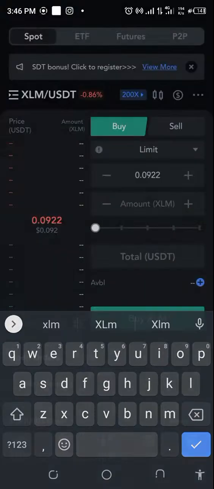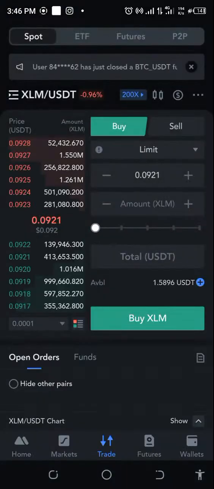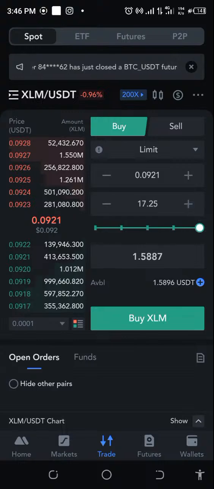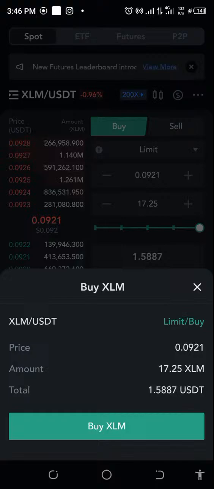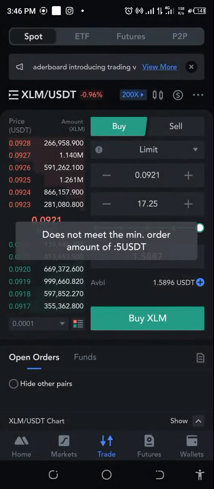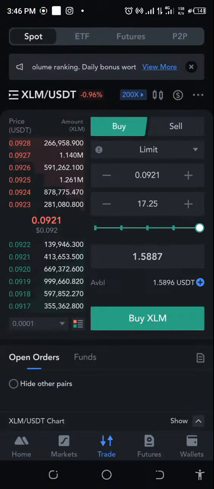This is just a small amount, so it might still apply the restrictions. Does not meet the minimum order amount of 5 USDT. Okay, so it doesn't. So the only way is to leave this here.